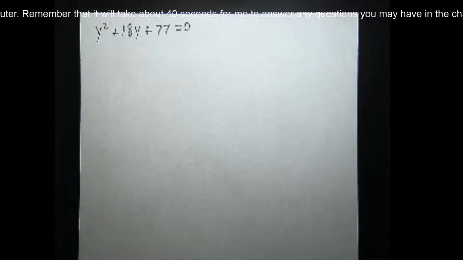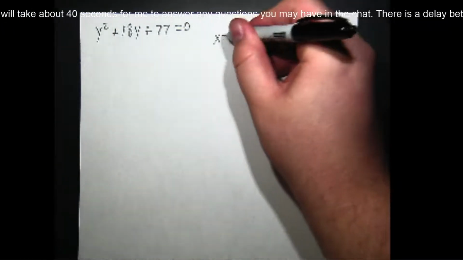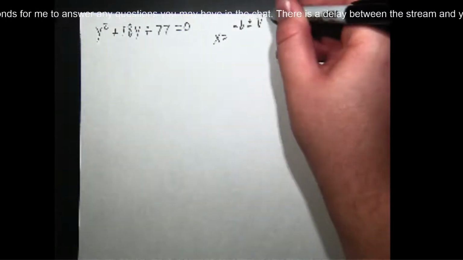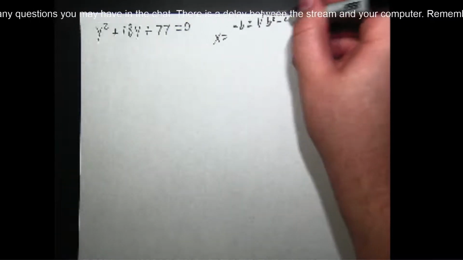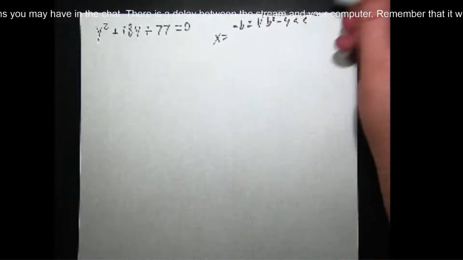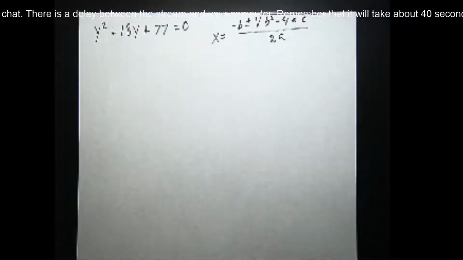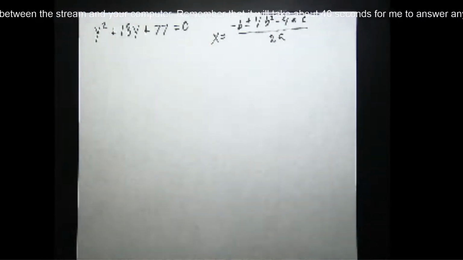And our quadratic formula says x equals negative b plus or minus the square root of b squared minus 4 times a times c, all over 2 times a. For this one, just replace x with y, and we've got something that'll work.